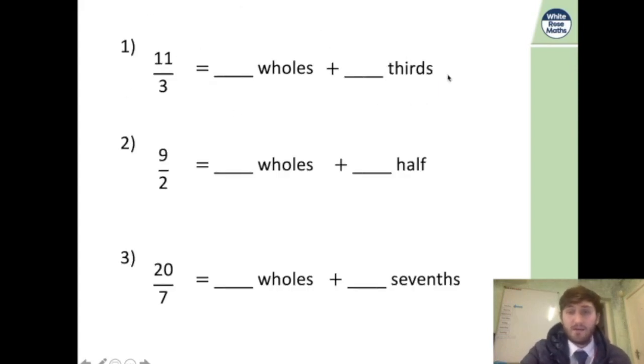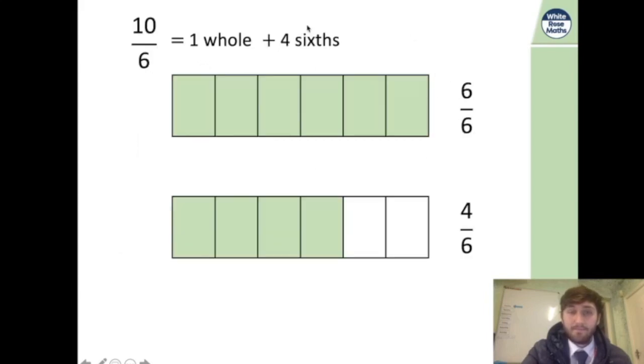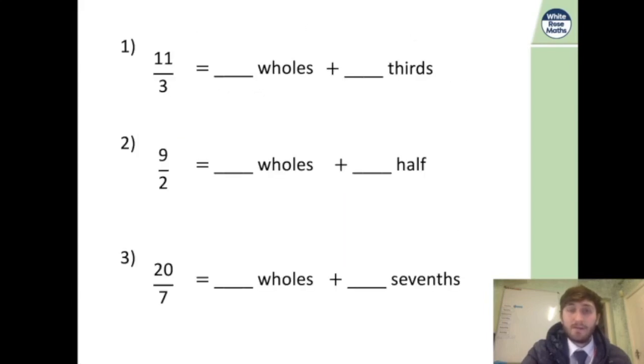So now guys, in your exercise books, can you copy down these sentences with our fractions, and can you fill in the blanks? So you might be able to do this the way that I showed you.